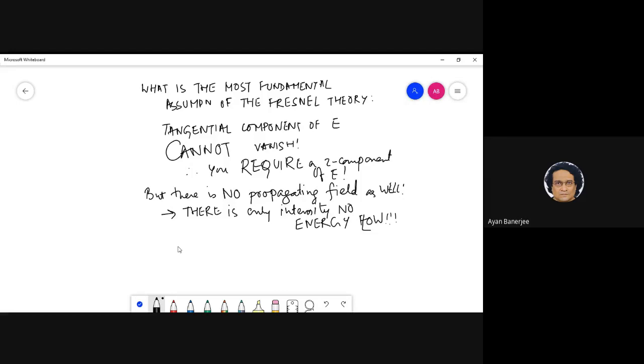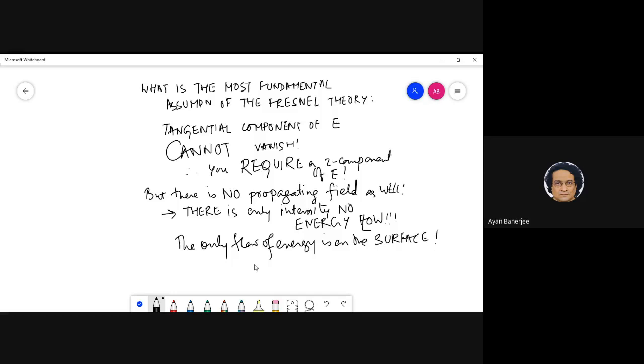Therefore, we have the z component of field. At the same time, we cannot have a propagating component because the transmitted angle is more than pi by 2. So it beautifully comes out that there is only a traveling wave on the surface. The only flow of energy is on the surface.